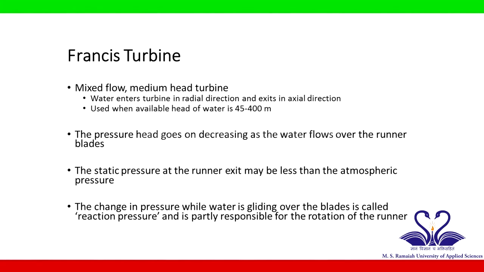The pressure head goes on decreasing as the water flows over the runner blades. The static pressure at the runner exit may be less than the atmospheric pressure. The change in pressure while water is gliding over the blades is called reaction pressure and is partly responsible for the rotation of the runner.